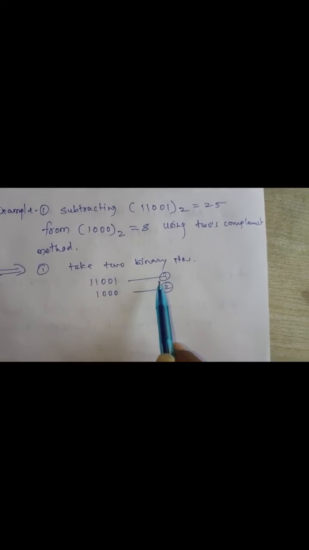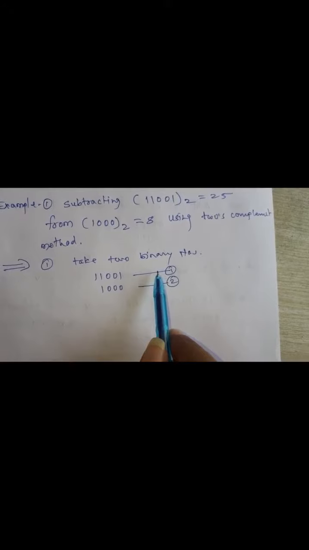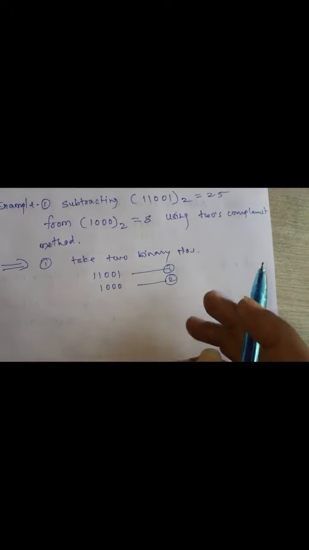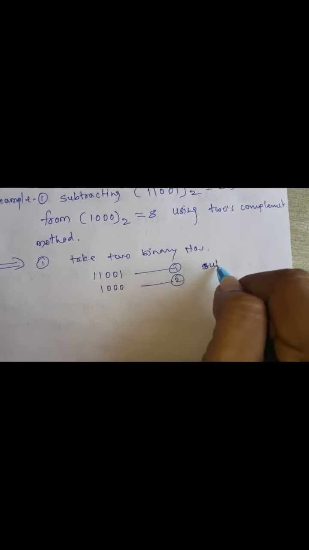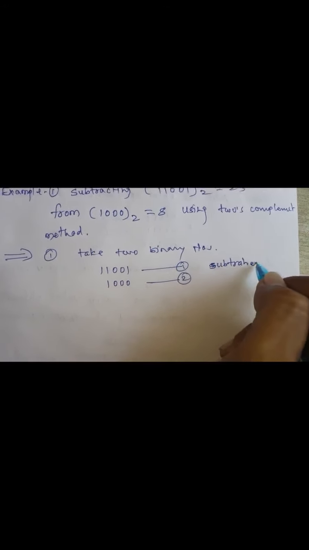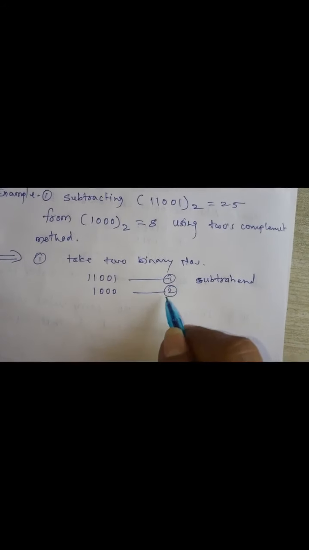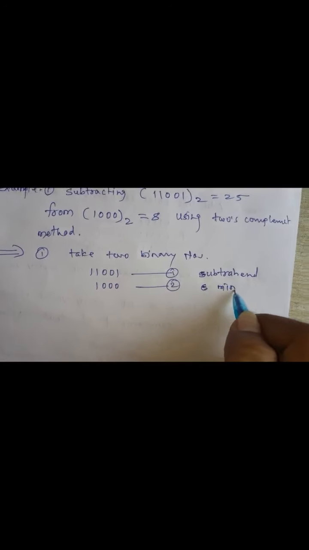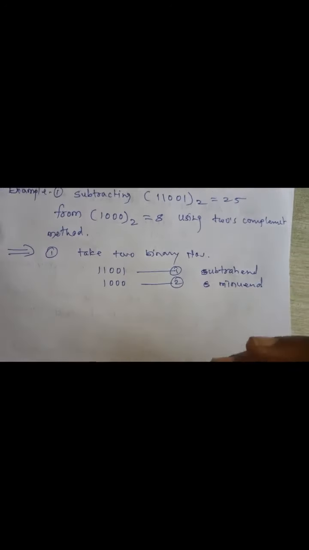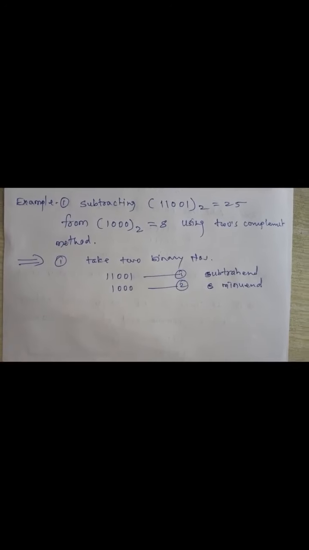Equation 1 is considered as the minuend, the number from which subtraction is to be performed, and equation 2 is considered as the subtrahend, the number which is to be subtracted.